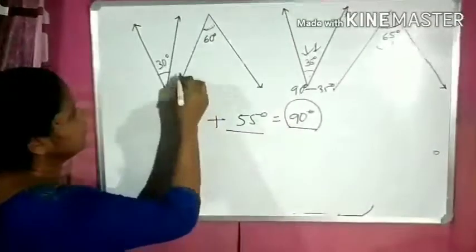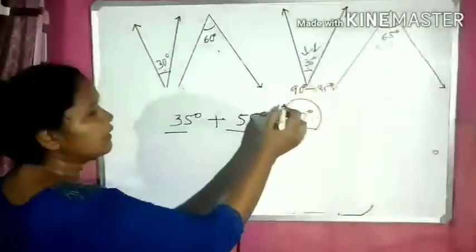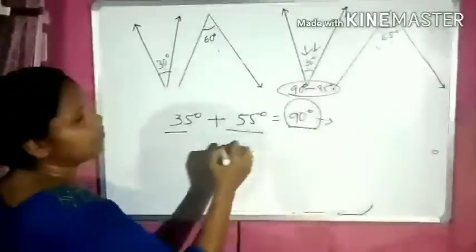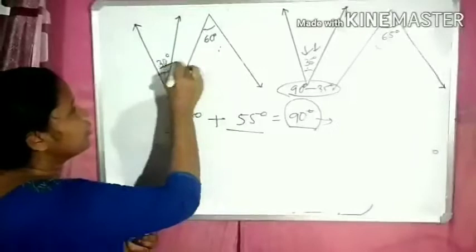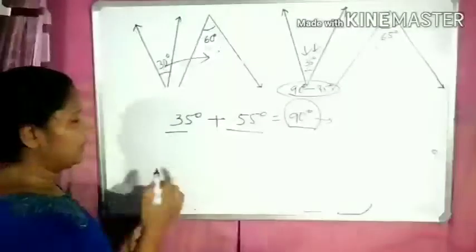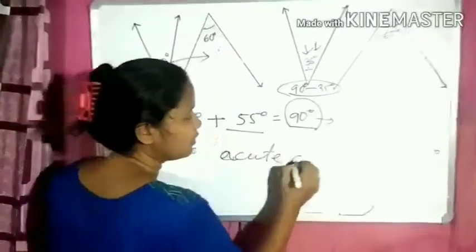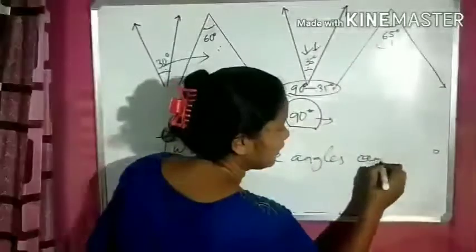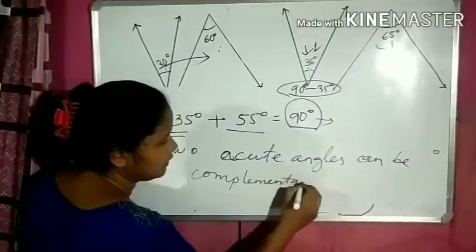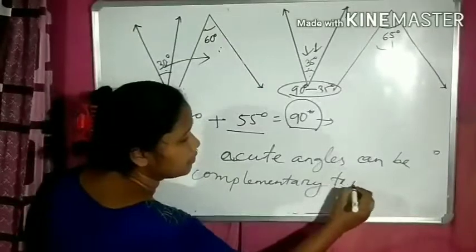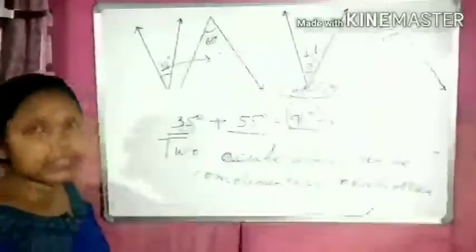So when we add two acute angles, we can get 90 degrees. So two acute angles can be complementary to each other. These two can be complementary angles.